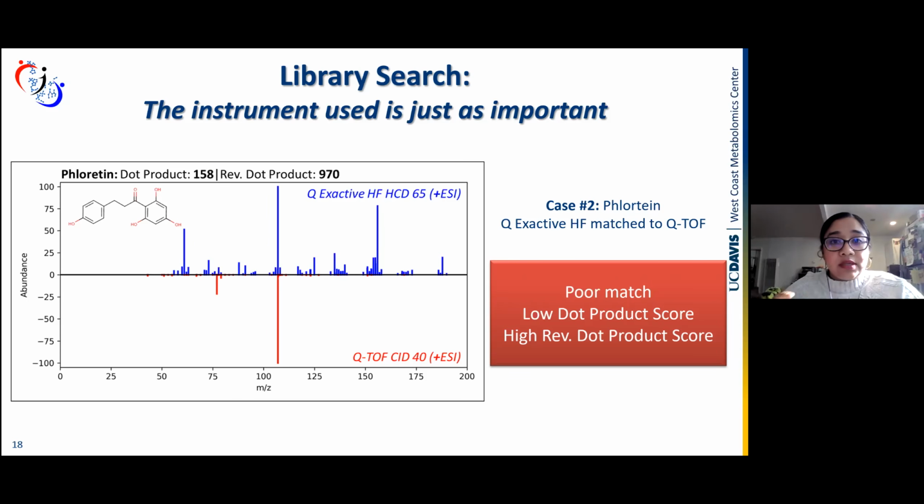This is the misleading portion I was talking about earlier: a novice researcher may filter their sheet by reverse dot product score and see that everything is very high. But when you actually look at the match itself, it's very poor, because there's really only one dominating peak that matches and everything else does not match that well.